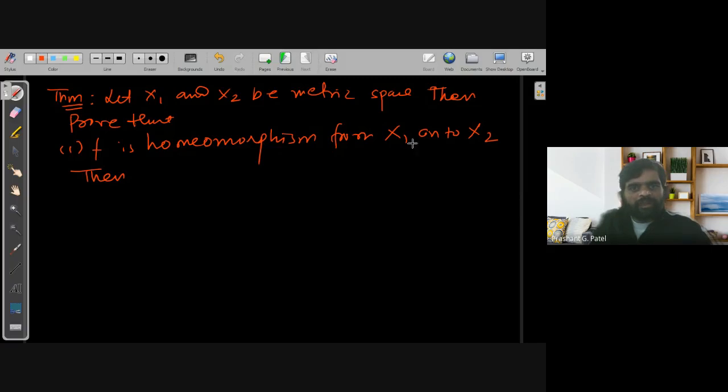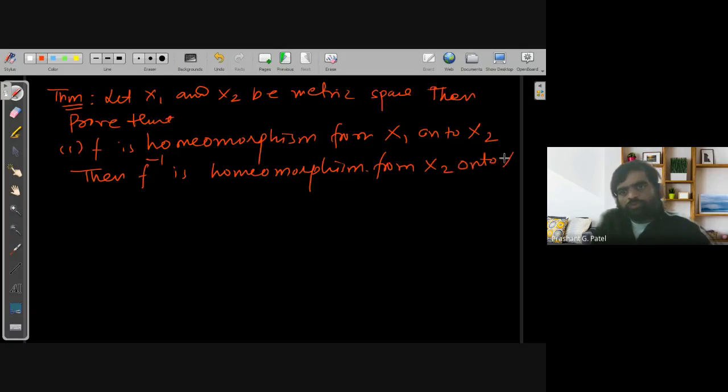Here we require that a homeomorphism means the function has to be 1-1 and onto also. Then f inverse is also a homeomorphism from X2 onto X1. So it says that if f is a homeomorphism, f inverse is also a homeomorphism.